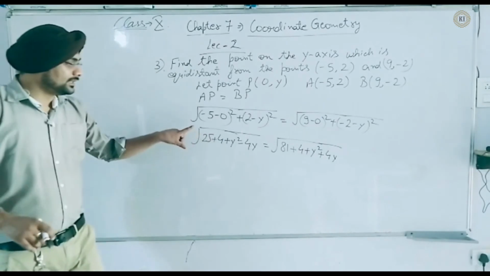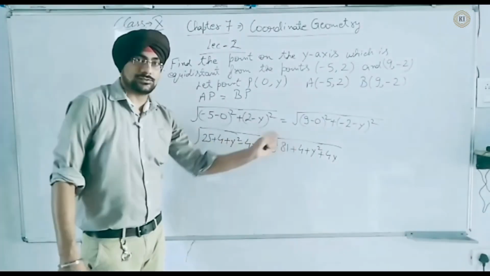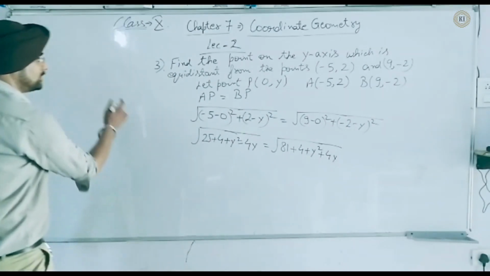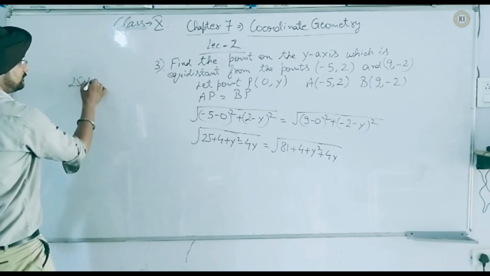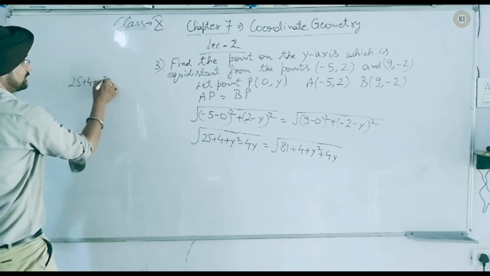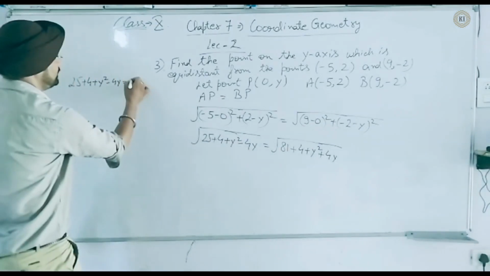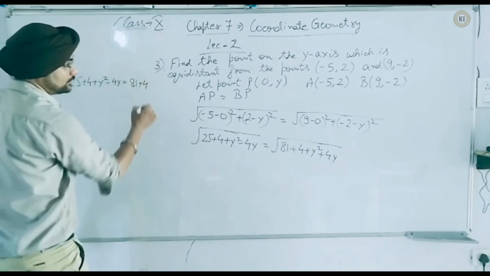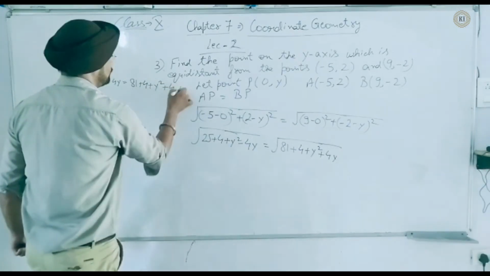Now to remove the square root sign, what we do? We do the squaring on both sides. What will come here? 25 plus 4 plus y square minus 4y is equal to this side, 81 plus 4 plus y square plus 4y.